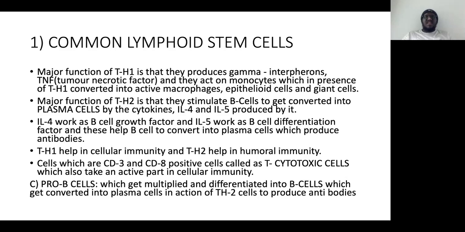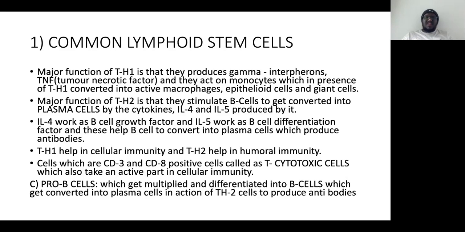The major function of Th2 is that they stimulate B cells to get converted into plasma cells by the cytokines IL-4 and IL-5 produced by it. IL-4 works as B cell growth factor, and IL-5 works as B cell differentiation factor, and this helps B cells to convert into plasma cells which produce antibodies. Th1 helps in cellular immunity, and Th2 helps in humoral immunity.